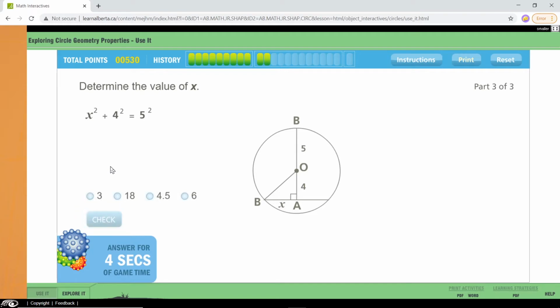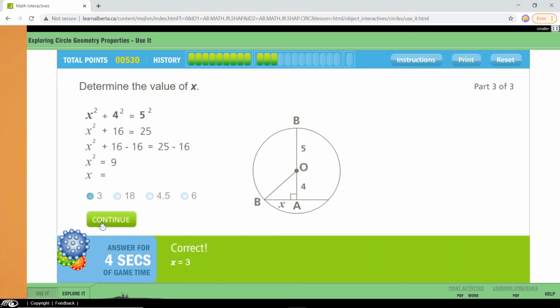Okay, determine the value of x. It's automatically calculated for us, so we just have to take the square root. The square root of 9 is 3. And next.